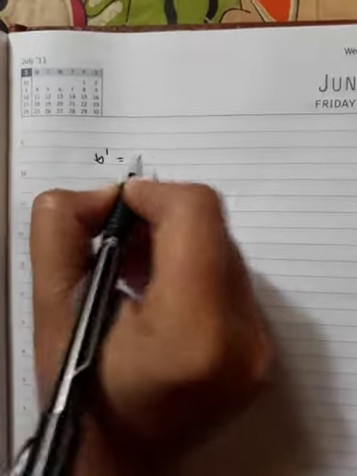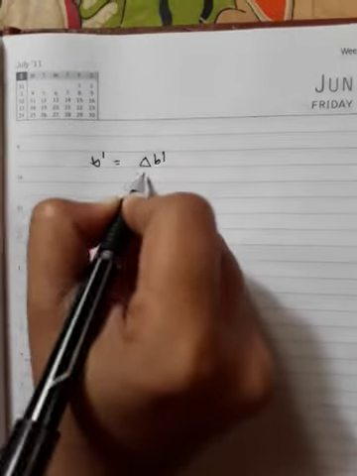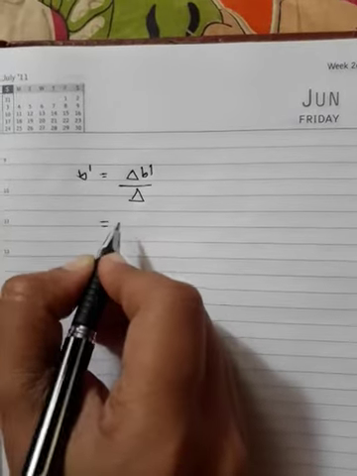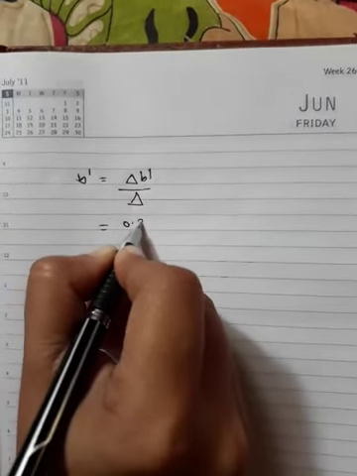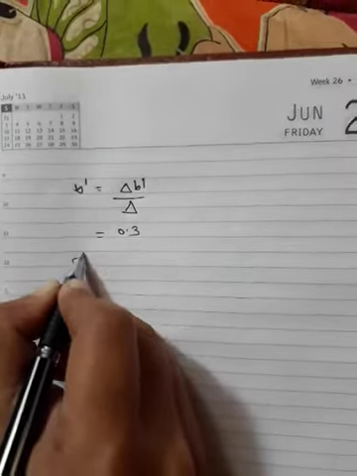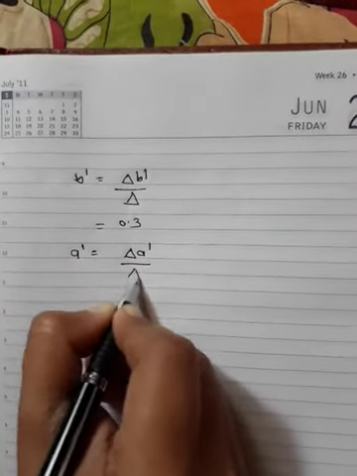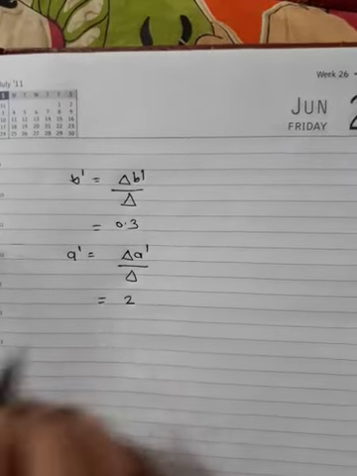Your b dash is nothing but delta b dash upon delta. So you have to enter the values of delta b dash upon delta, and it will be 0.3. And a dash is nothing but delta a dash upon delta, so it will be 2.